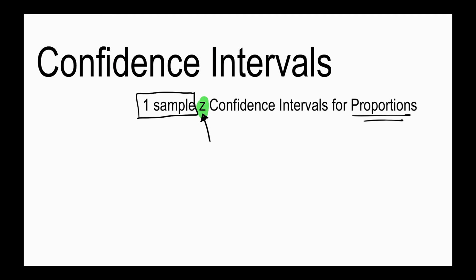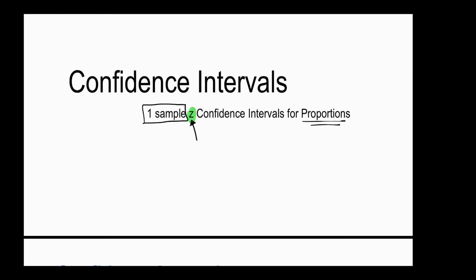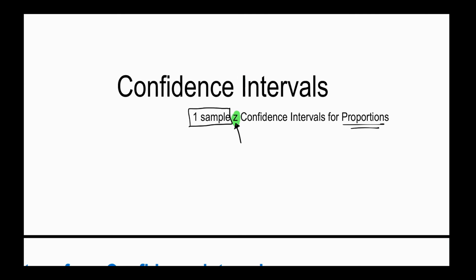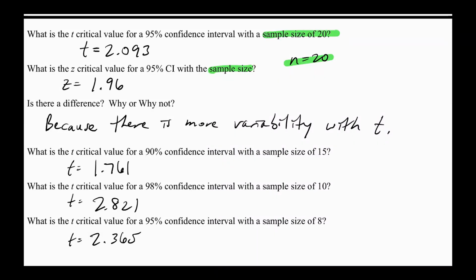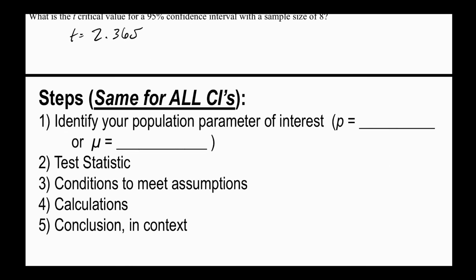With proportions, don't even have to worry about T. The only place where T exists is when you're dealing with means. That's why we did talk about it the first time, because there are no means in proportions. It's just the true proportion. You're not finding any averages, okay?